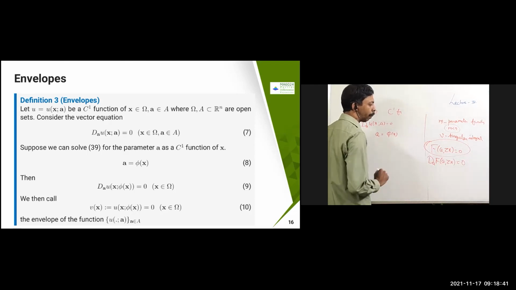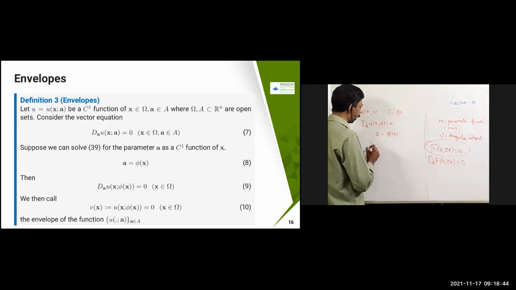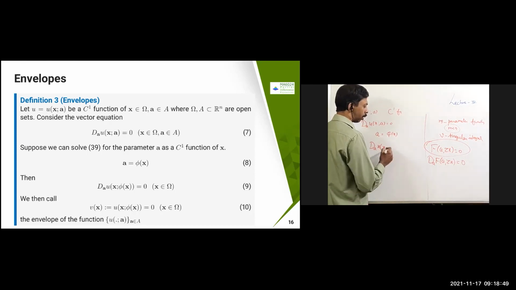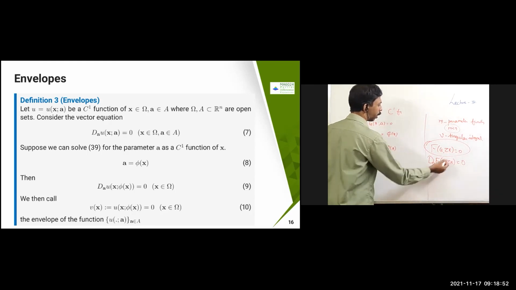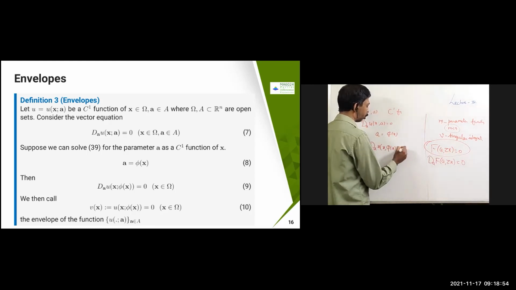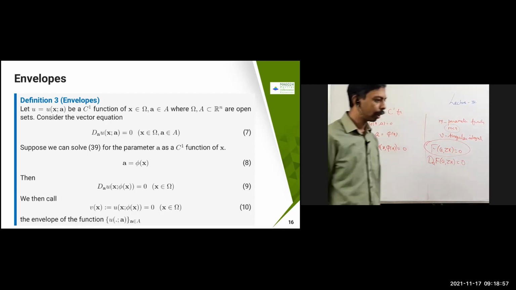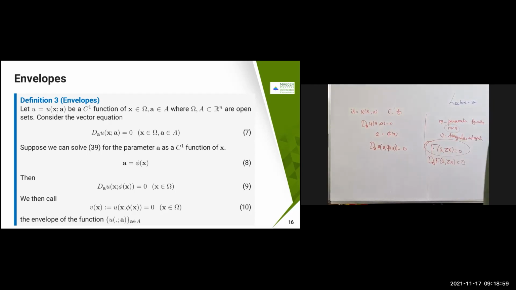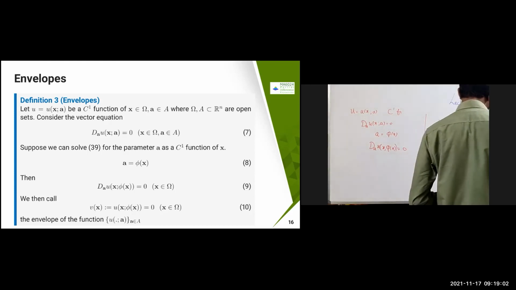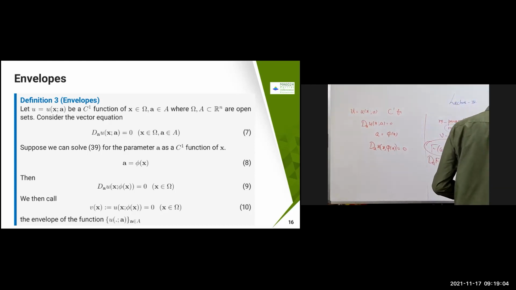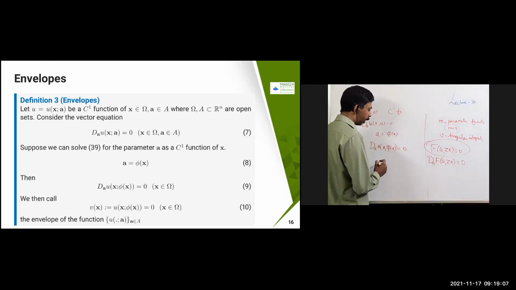Therefore, I can write this as dA u of x comma pi of x, which is equal to 0. Now we write v of x. If you solve this, a equals pi of x, so instead of a here, I write a equal to pi of x, meaning it depends on x, not on a.